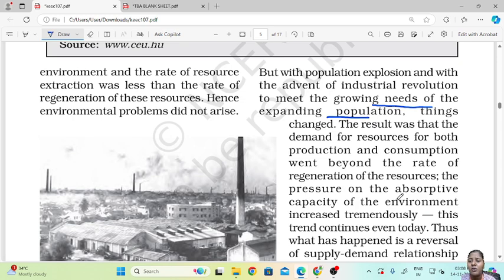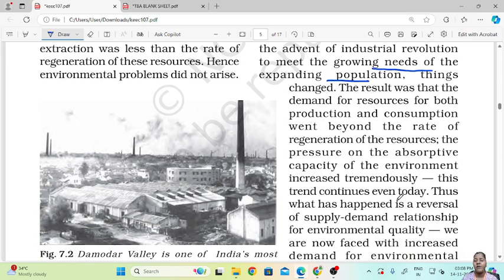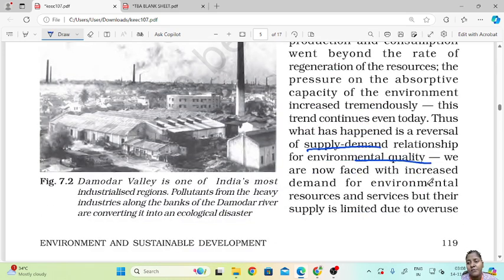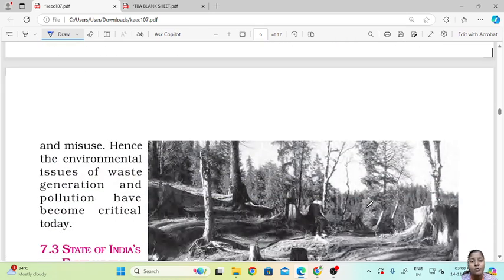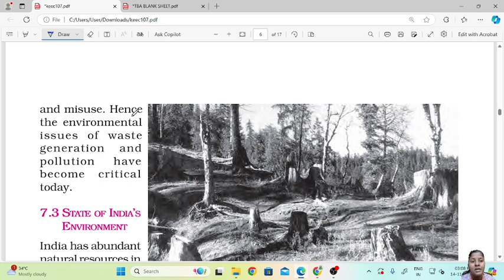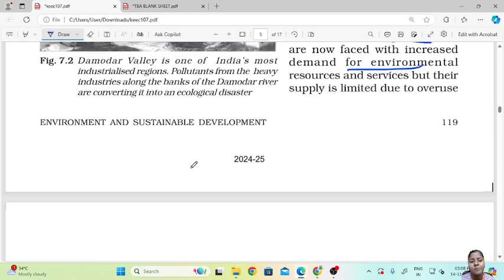The pressure on the absorptive capacity of the environment increased tremendously, and it still continues even today. Thus what has happened is a reversal of the supply-demand relationship for environmental quality. Now we are faced with increased demand for environmental resources and services, but their supply is limited due to overuse and misuse. Hence, the environmental issues of waste generation and pollution have become critical today.